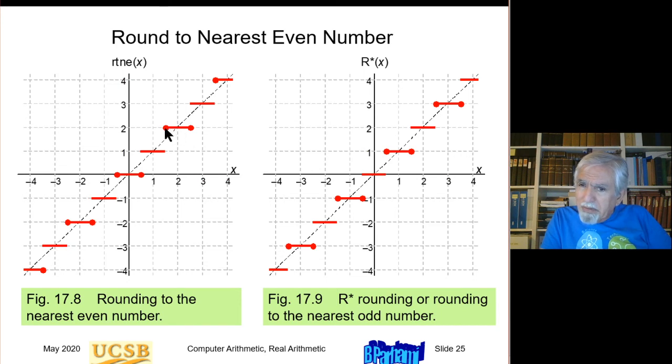And the reason that round to nearest even is better than round to nearest odd is that when you get to even, basically when you have 2 instead of 3, the least significant bit is 0.